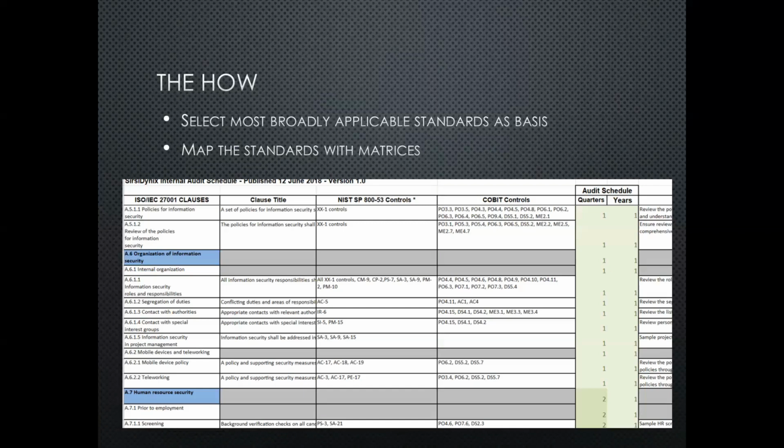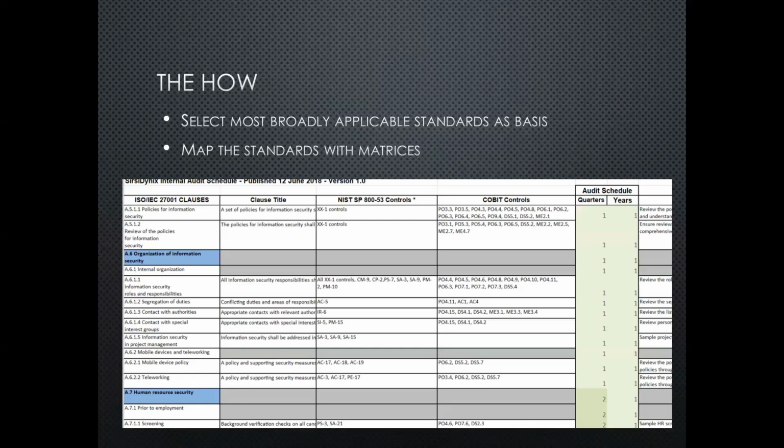Use the most broadly applicable as the basis or the core for your policies and procedures, and then make use of the matrices that map the different standards to each other and incorporate those into your documentation, especially the higher level documentation, so that when you need to reference or cross-reference between the different standards, or your customers do when they're reviewing your documentation, it simplifies the process.